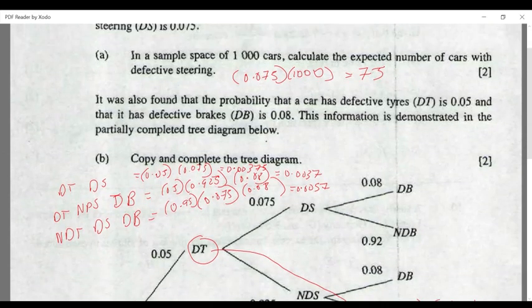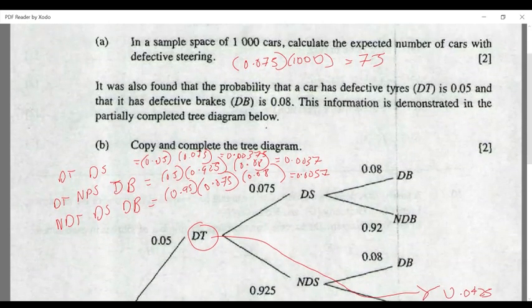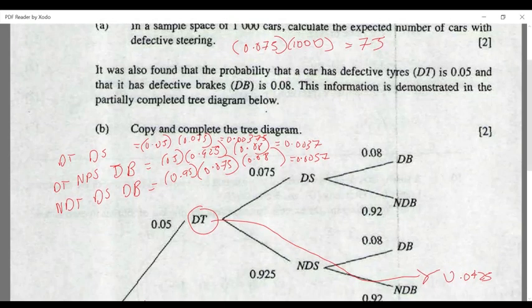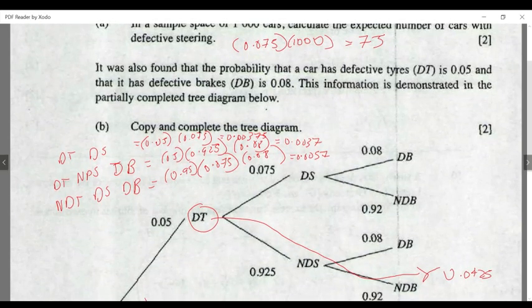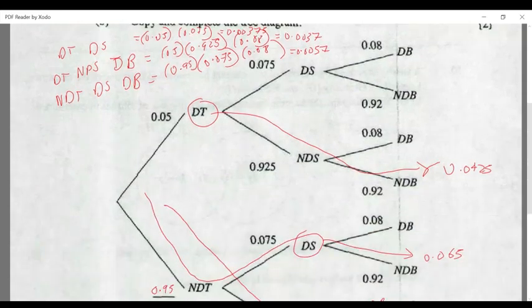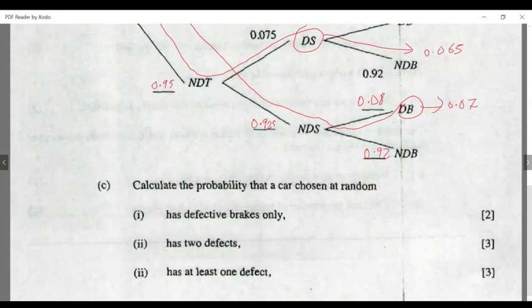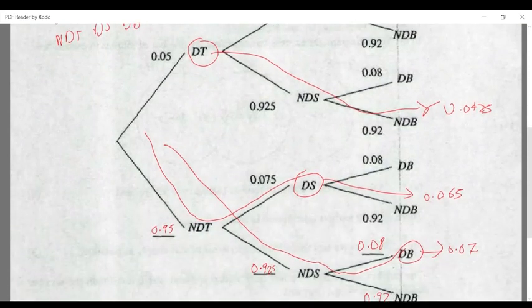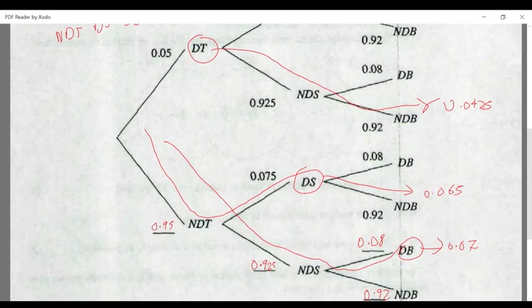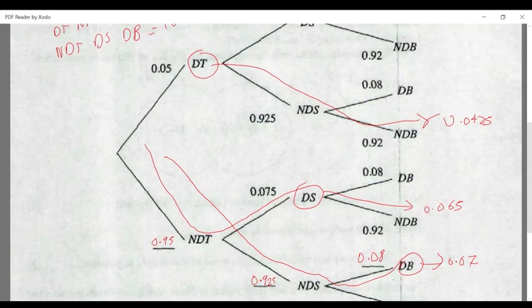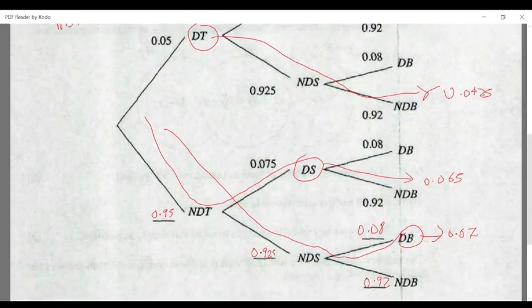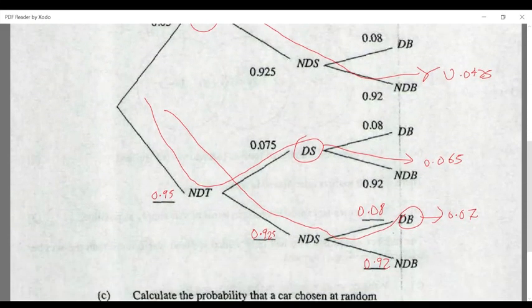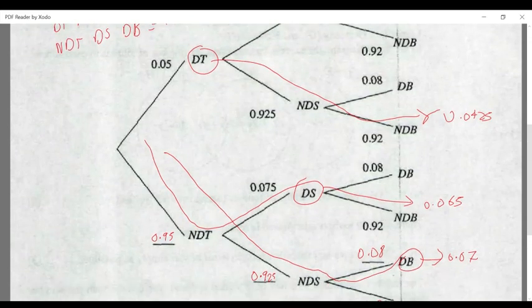Okay. It was also found the probability that a car's defective tires is 0.05 and that its defective brakes is 0.85. This information is demonstrated in the partially completed tree diagram below. So this asks you to complete the tree diagram. Well, you only have to fill in 4 spots, and you just have to match the probabilities. So this is fairly straightforward.